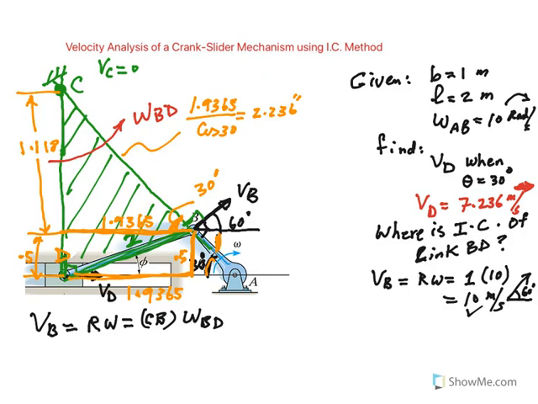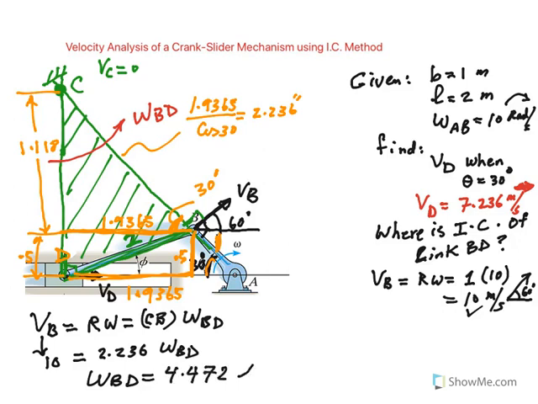Now I'm ready to finish up this problem. Look, guys, 10 meters per second equals CB, which is 2.236, times omega BD. So solve for omega BD. At this instant, omega BD comes out to be about 4.472.